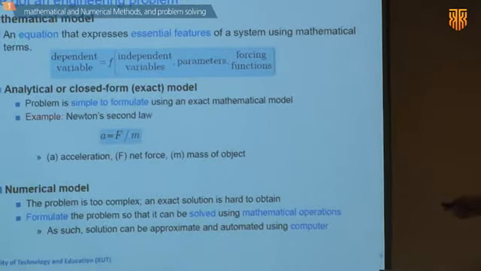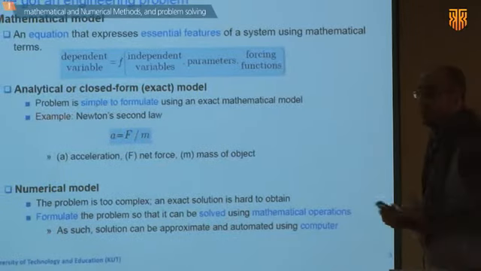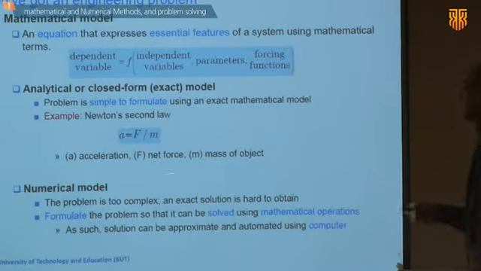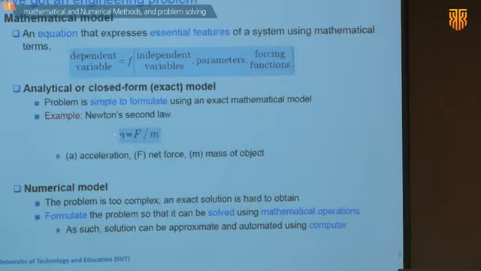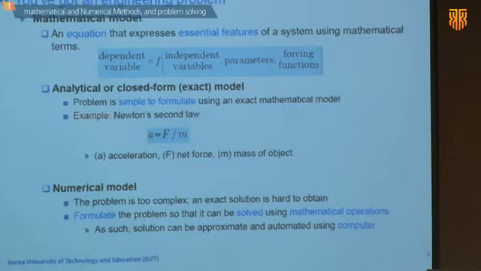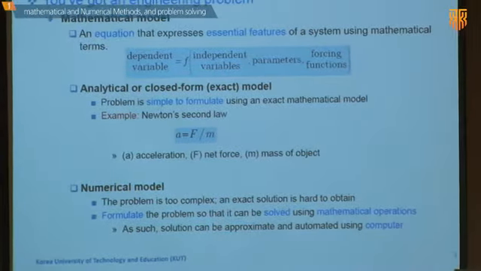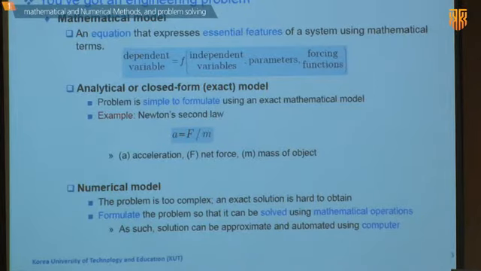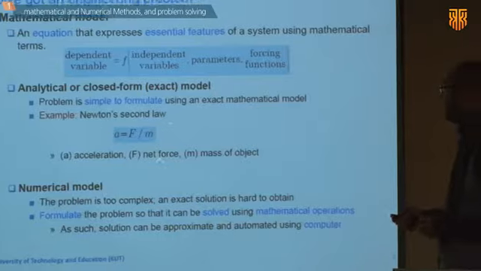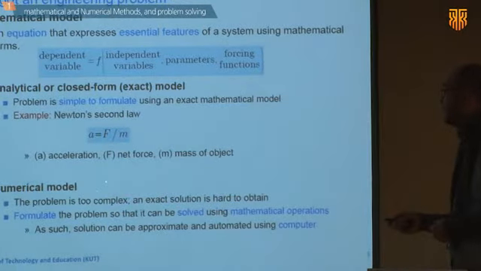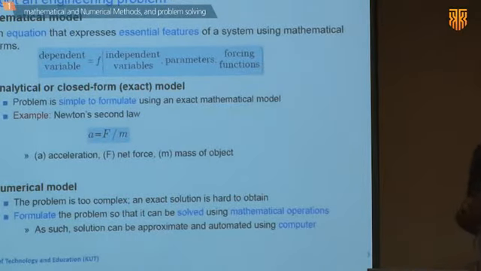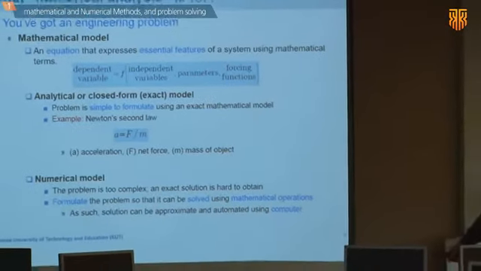Sometimes it is not easy to derive a closed form formula or mathematical model of a certain problem. So the solution is what? To find an approximation of this kind of mathematical formula in numerical models.